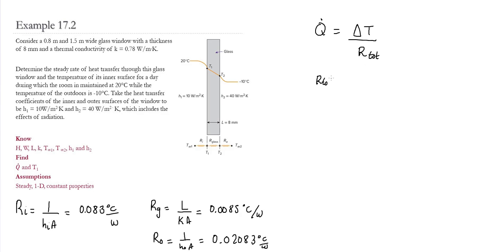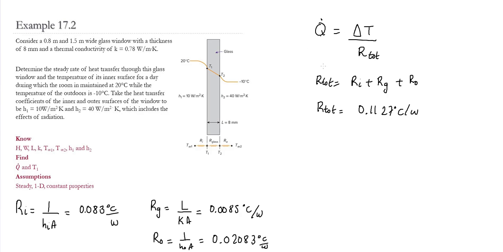This total resistance is going to be the addition of Ri plus the resistance inside of the glass plus the resistance on the outside, basically the addition of the three resistances we calculated previously. If we find this addition, we find that this value is equal to 0.1127 C per W.